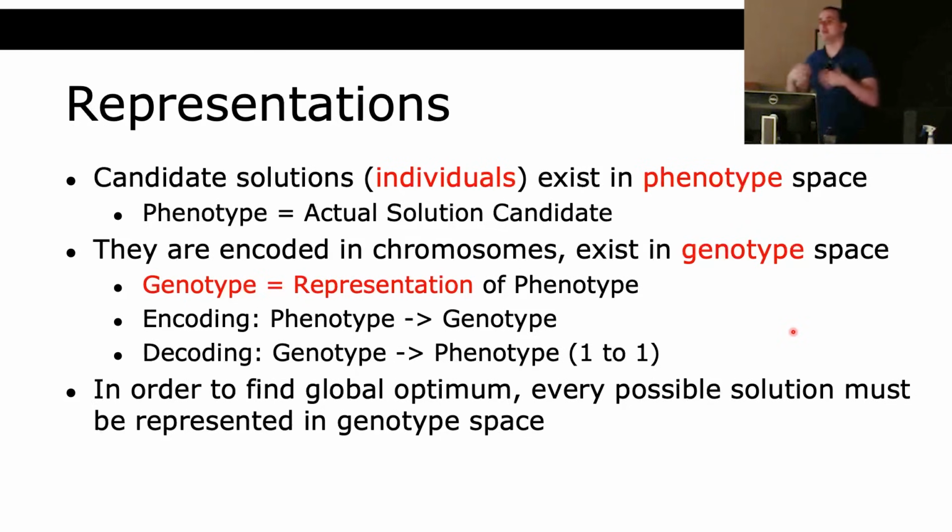Now, if in our representation for a Sudoku board, we allowed numbers from 1 to 20, could we find the best answer? Yes. Will it probably take longer? Also yes, right? So not only are you trying to represent things such that the global optimum solution could be there, but also you're trying to select the minimum set of things so that the global solution could be there.